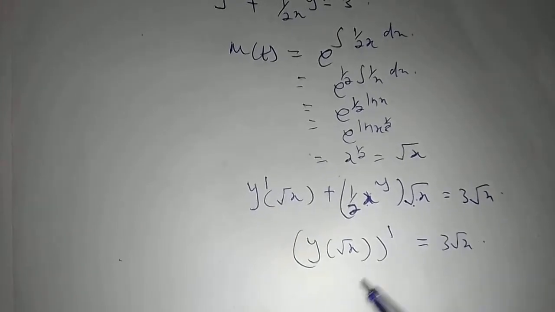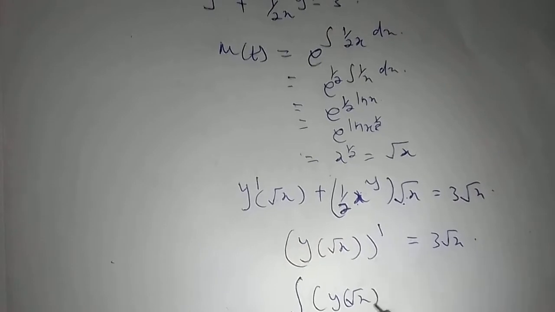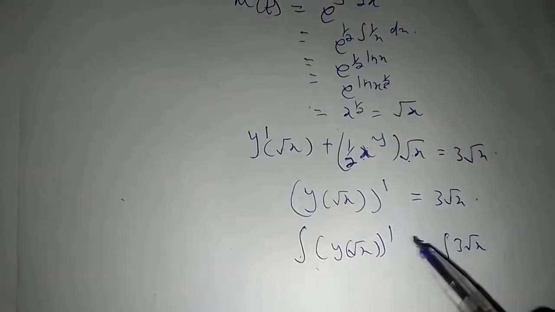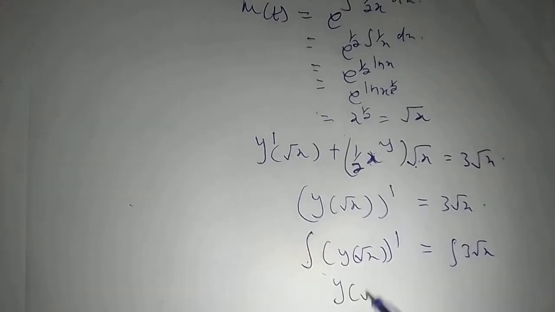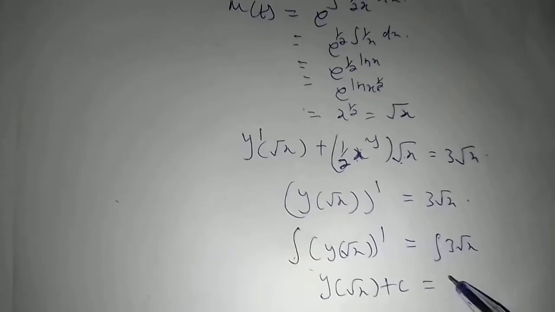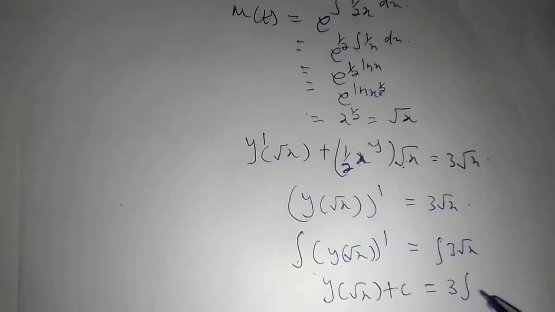The next thing to do is to take the integral on both sides. So integral of y root x all prime is equal to integral of 3 root x. So at this stage, this integral sign will cancel this prime. I'll be left with y multiplying root of x plus c is equal to 3 times the integral of root x.